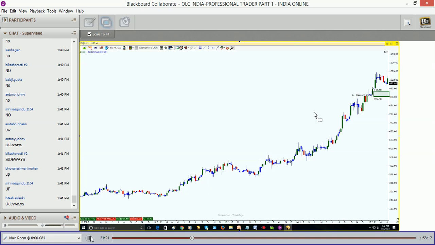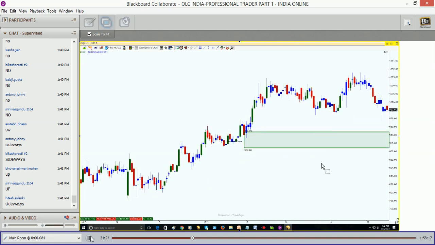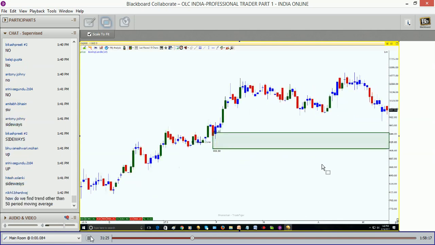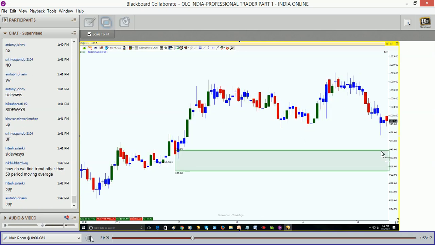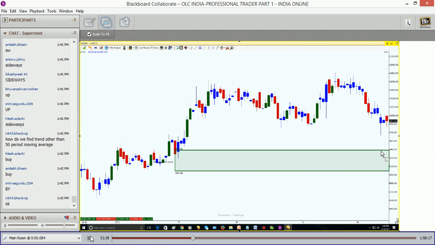Which means that should we be looking to buy on the daily or should we be looking to sell on the daily? No, Hitesh, it was up. Nikhil, we are going to be discussing that tomorrow. Buy. Where can you see a good looking demand zone on IGL on the daily chart, our zoning time frame?